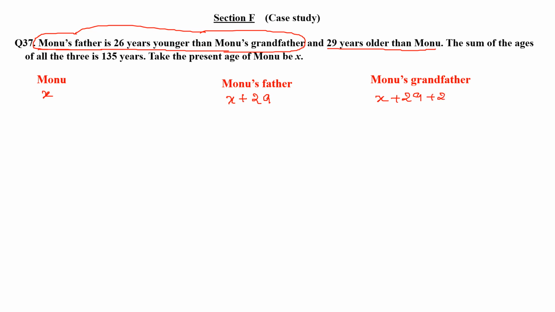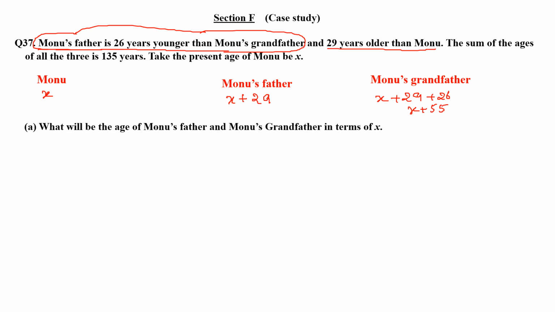So it will be plus 26, which will give you x plus 55 years. Now, the first question is what will be the age of Monu's father and Monu's grandfather in terms of x? So that I have already found, isn't it? Father's age will be x plus 29 years and grandfather's age will be x plus 55 years, right? This I have already calculated above.